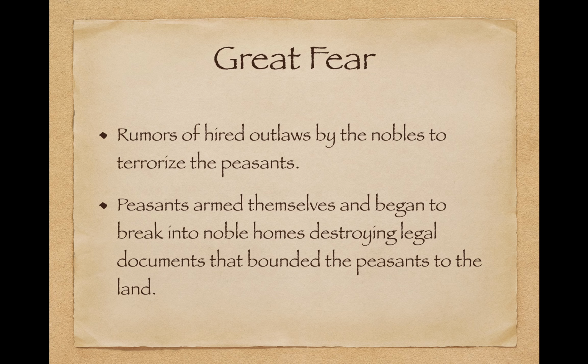And the peasants actually take it a step further, and they break into some of the nobles' homes. And they start destroying legal documents that bound or tie the peasants to that land. So they get rid of the documents. And this was a huge, huge event that occurs in France during the very beginning of the French Revolution.